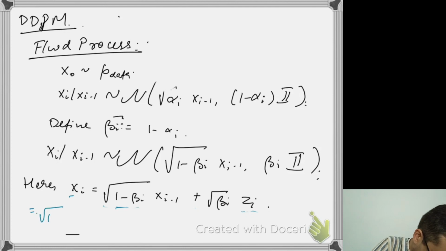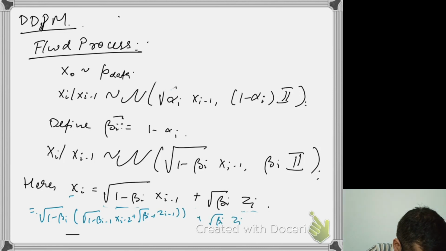So 1 minus beta i is as it is. Xi minus 1 I'm going to expand as root of 1 minus beta i minus 1 xi minus 2 plus root of beta i minus 1 zi minus 1, and then plus root of beta i zi.